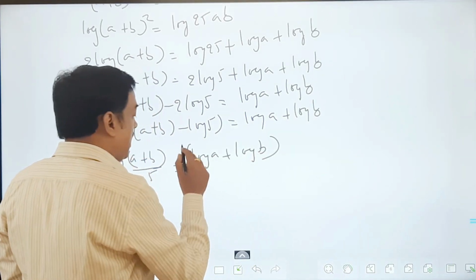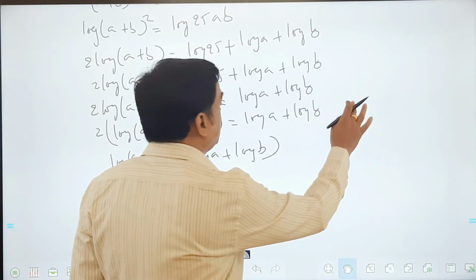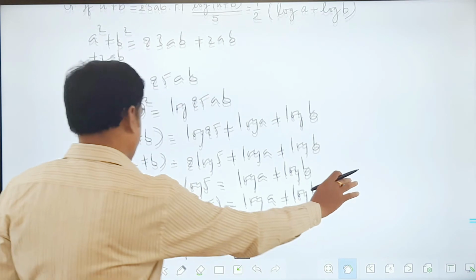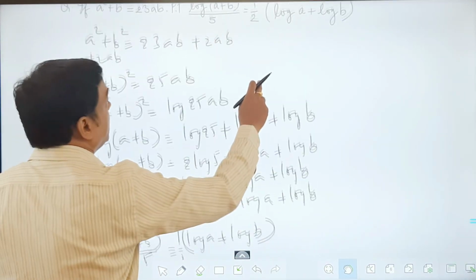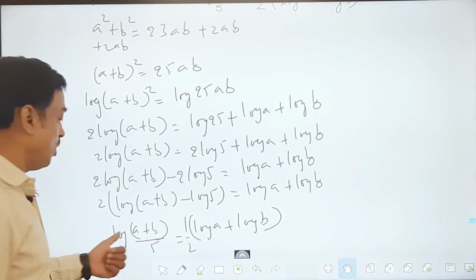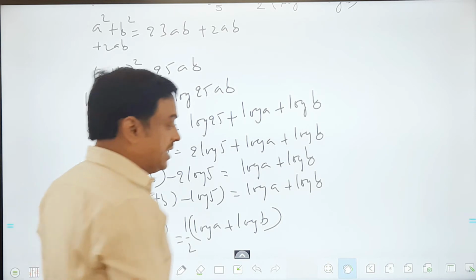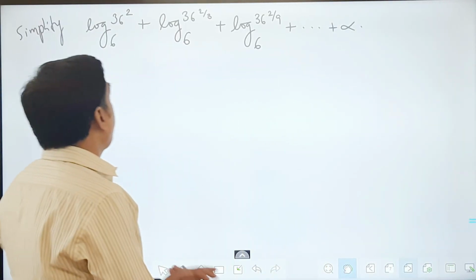And that was the final thing expected. You can see the final answer expected, log of a plus b upon 5 is equal to half of log a plus log b. So we have the same answer. Okay?